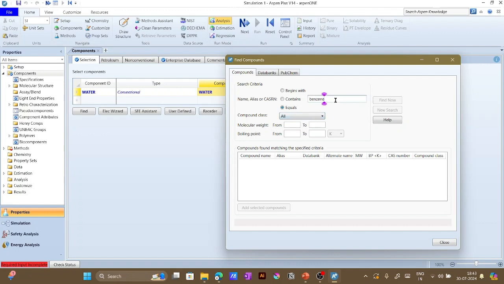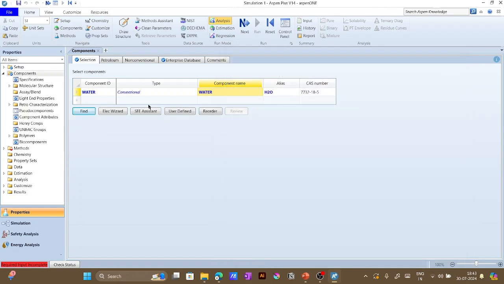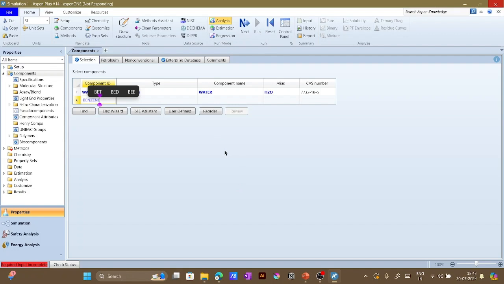That's not happening. I'm writing it wrong. Let me do it here. Let's say I want to add benzene, and I do it. It's not responding.